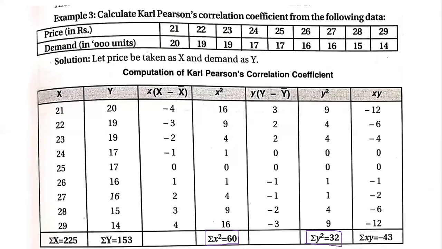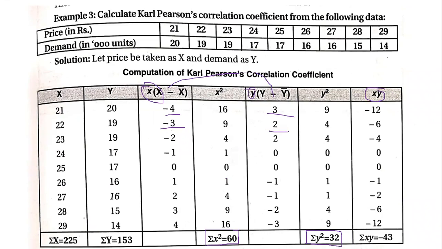Next, we know the deviations, that is small x and small y. So multiply x into y to get the last column, that is xy. Minus 4 into 3 will give you minus 12. Be careful with the signs here. If you have minus into minus, it will become plus. If one of the numbers is minus, you will have the answer as minus only.